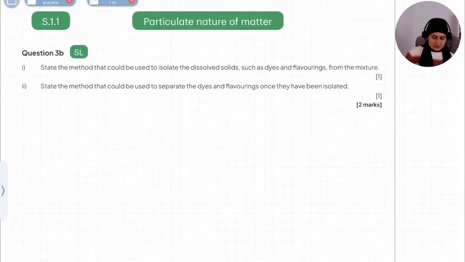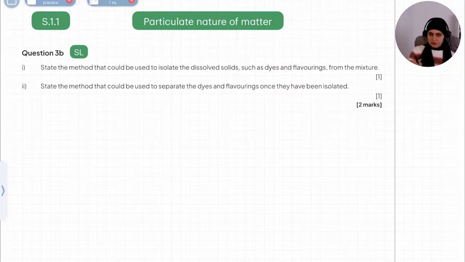Next, 3B. State the method that could be used to isolate the dissolved solids such as dyes and flavorings from the mixture. After you've removed the solid that is insoluble in the liquid, what's left is just a solution of some soluble substances such as dyes and flavorings.